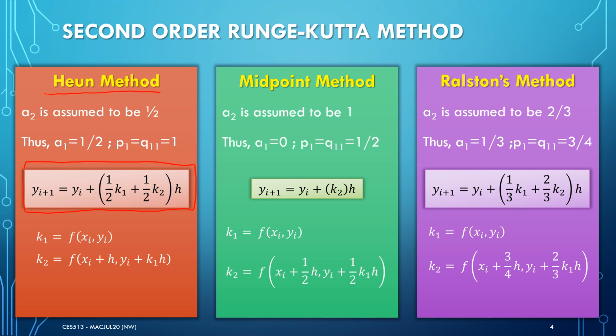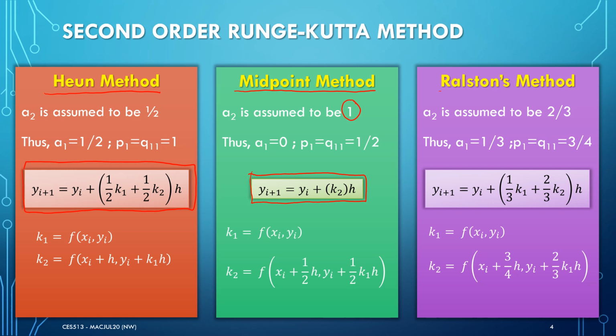The second one is the midpoint method, where a2 is assumed to be 1, thus giving a1 equal to 0 and p1 equal to q11 equal to 1/2. These constants yield y_{i+1} equal to y_i plus k2 h.